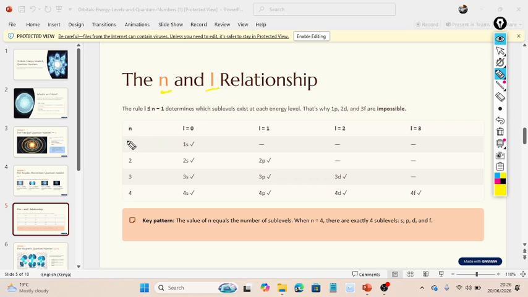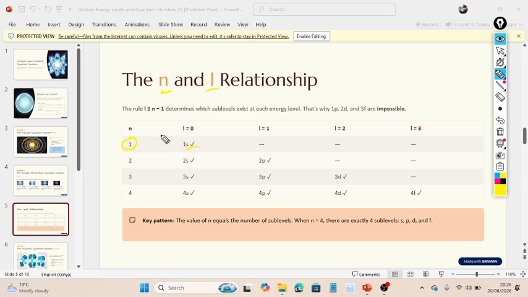So when our principal quantum number is 1, that is, we are at the first energy level, how many subshells do we have? We have only one subshell which exists within that level, and that subshell is only a 1s subshell.